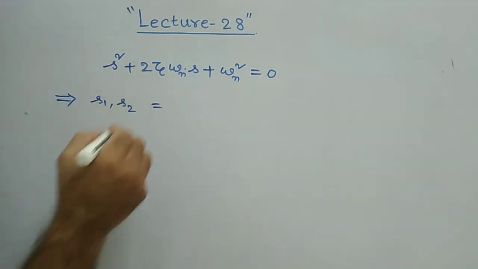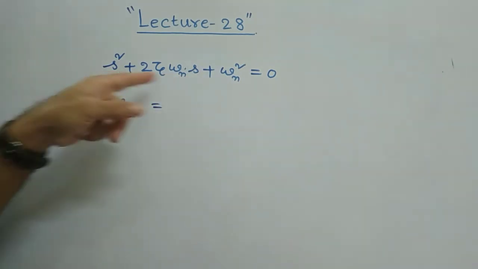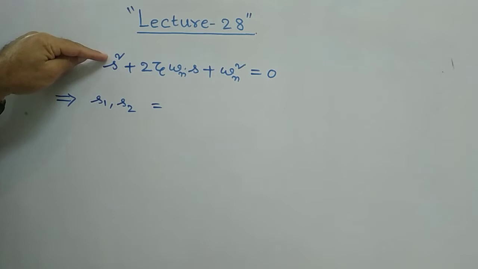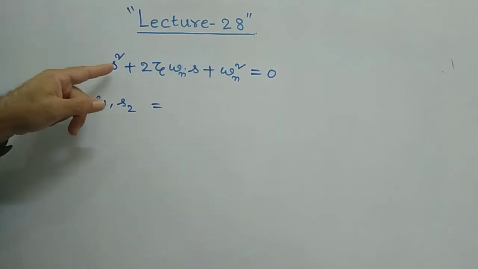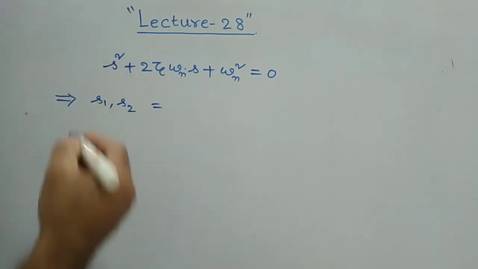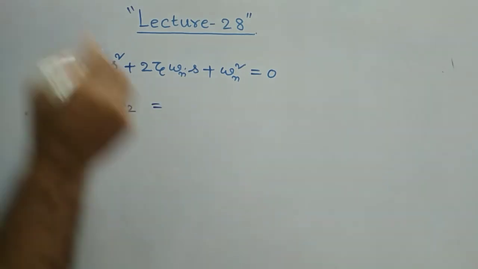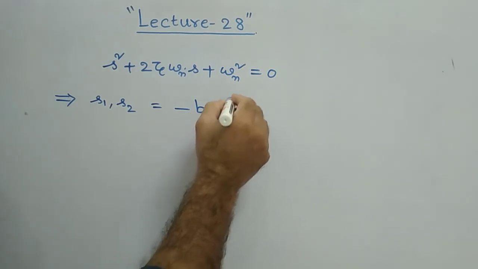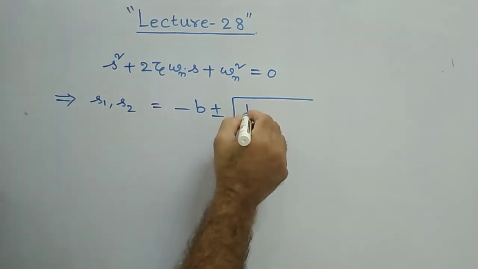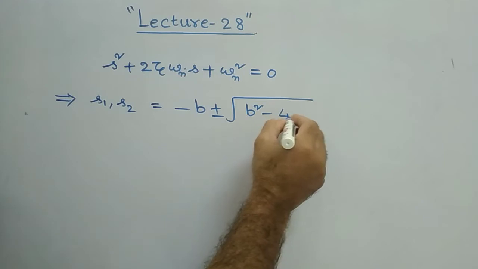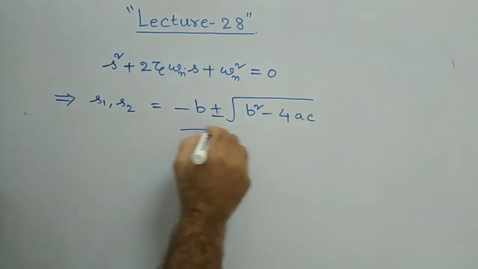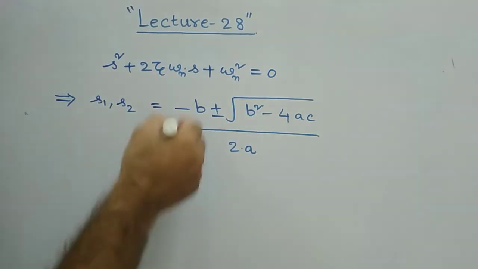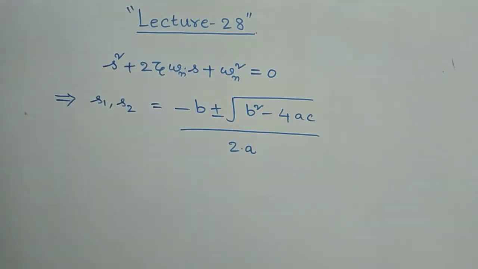Because the order of the equation is 2, s will have two values, that I am calling s1 and s2. To find out the roots of this expression, the formula is minus b plus or minus under square root of b square minus 4 times ac, by 2 times a.